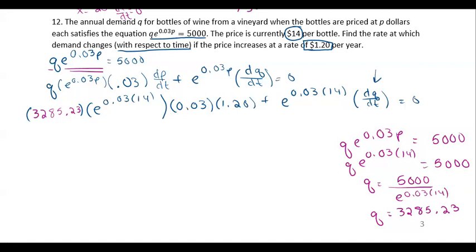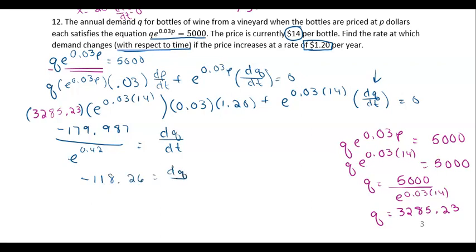So it looks like we will have negative 179.987 divided by e to the 0.03 times 14, which is 0.42, equaling our dQ/dt. Put that into your calculator and simplify it down. It looks like approximately negative 118.26 will be our dQ/dt.